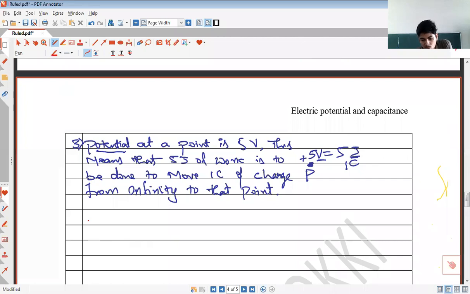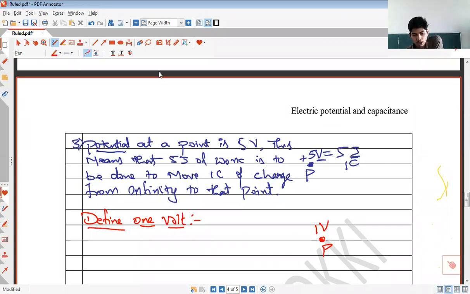You will be asked to define 1 volt. They will ask you to define what is 1 volt. Or when can you say potential at a point is 1 volt? What does it mean? What do you understand by the statement potential at a point is 1 volt?